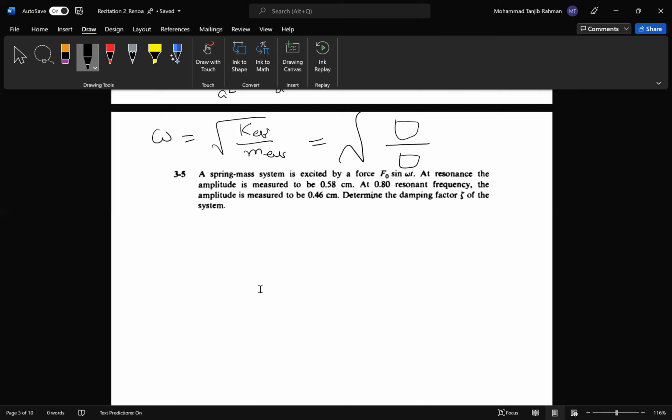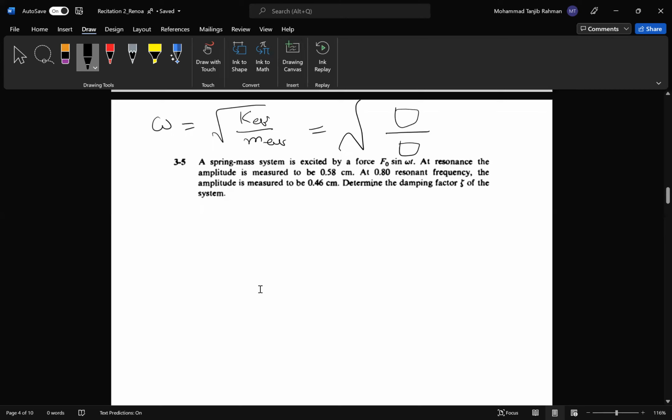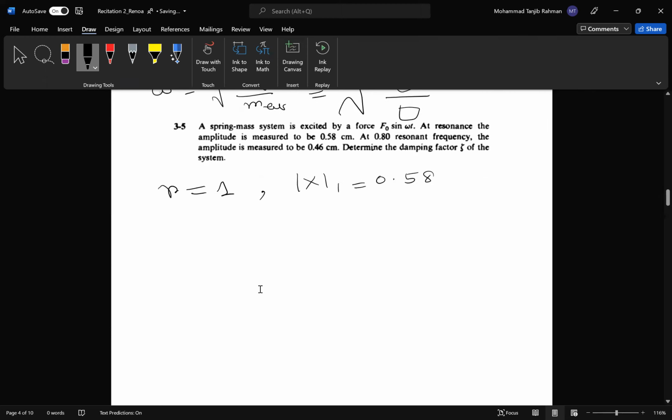So in this problem, it's given that a spring mass system is excited by a force of F naught sine omega t, and when it is at resonance, so at resonance we know R is equal to 1, the amplitude x1 is given as 0.58, and at 0.80 resonance frequency, so let's just say R2 is equal to 0.8, the amplitude x2 is 0.46.